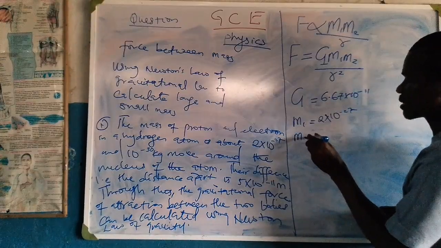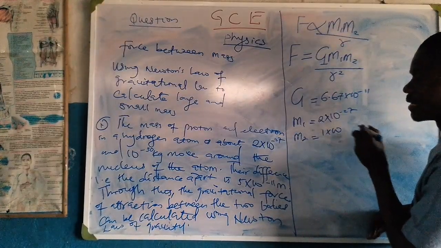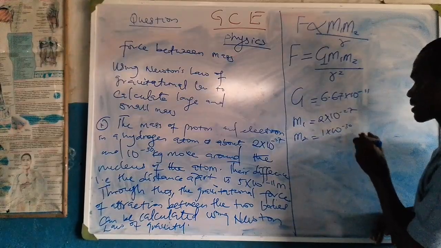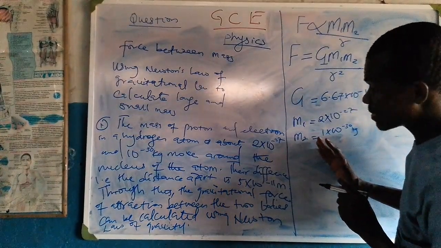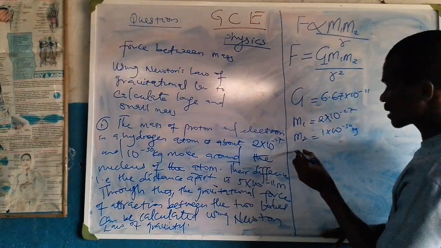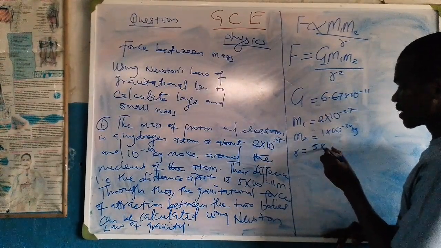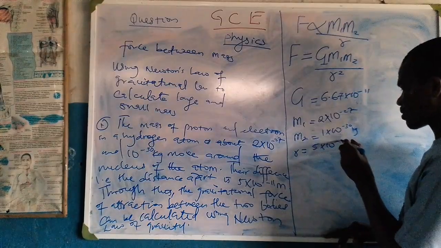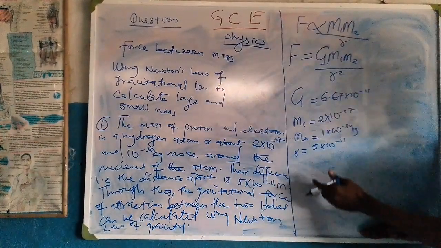Then the second mass is equal to 1 times 10 raised to the power minus 30 kg. The distance apart, R, is equal to 5 times 10 raised to the power minus 11. These are the parameters. The values have been given.